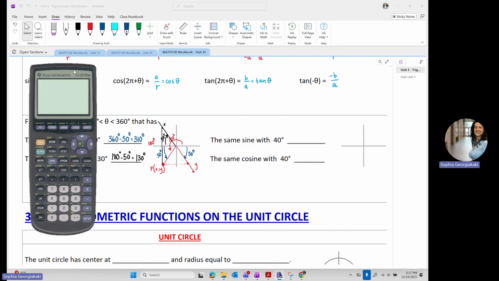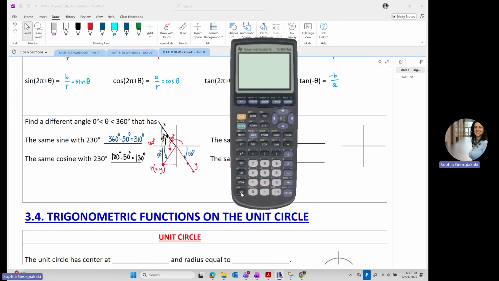Let's check in our calculator to make sure we are correct. So I'm going to say, what is the sine of 230? And it is some irrational number, and I get a decimal approximation. What is the sine of 310? Remember to keep your calculator in degree mode, and it gives me the same value.